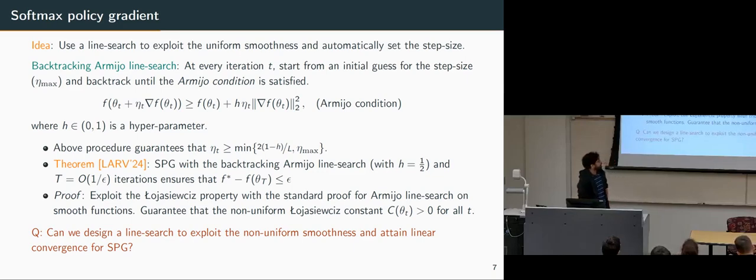So again, the problem is, this only gives us order 1 over epsilon convergence. Can we design a line search that can exploit the non-uniform smoothness and actually converge at a log 1 over epsilon rate?